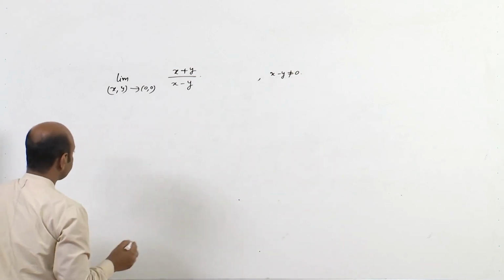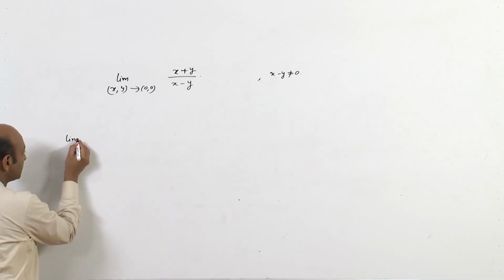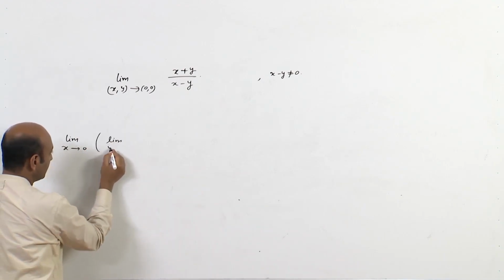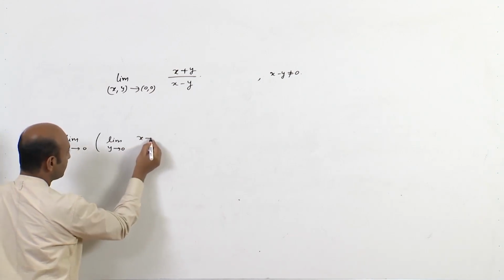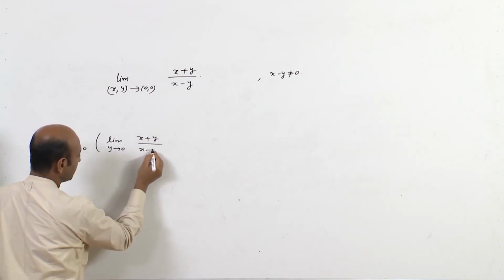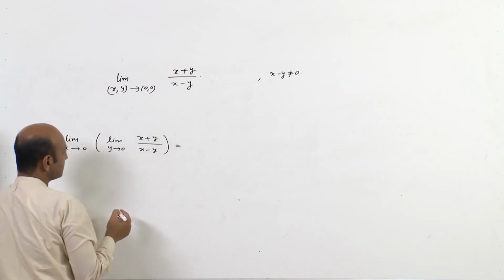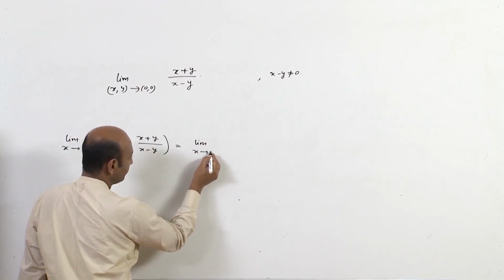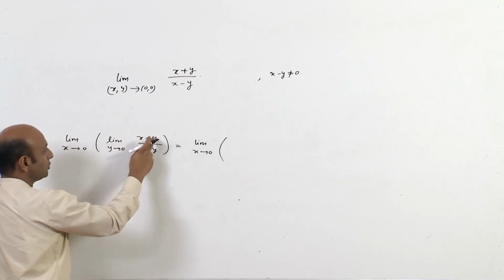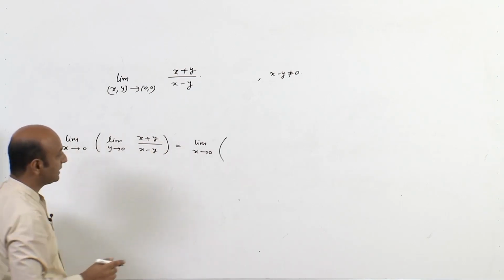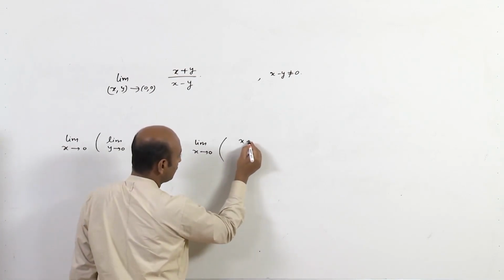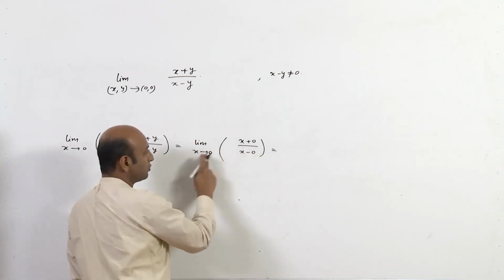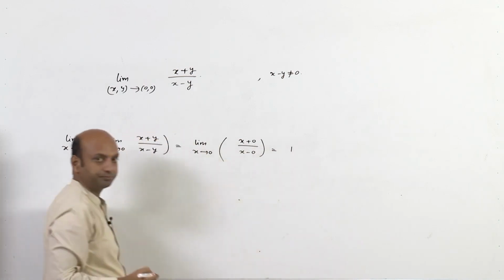Now if you find the limit x tending to 0, limit y tending to 0 of x plus y upon x minus y, this is an iterated limit. You simply tend y to 0, then it is x plus 0 upon x minus 0, and when you take x tend to 0, this is 1.